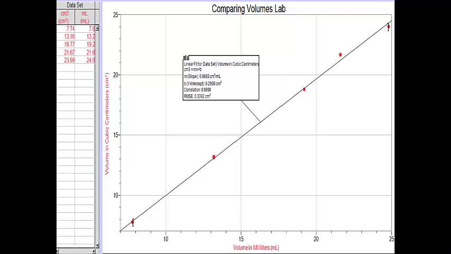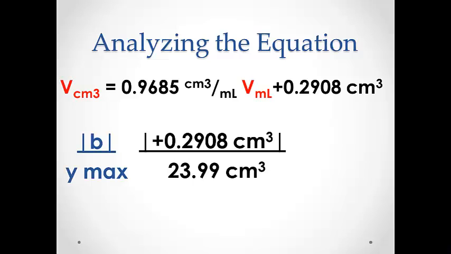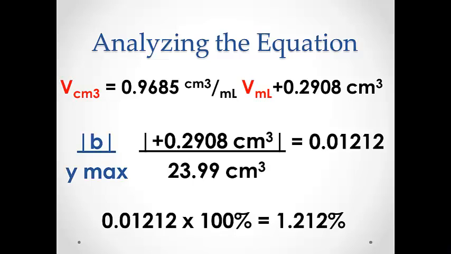We graphed cubic centimeters on the y-axis, and the highest value that we measured was 23.99 cubic centimeters. Dividing the y-intercept by the y-maximum gives us a value of 0.01212, which converted to a percent gives us 1.212%. This is below our acceptable error of 5%, so we can ignore our y-intercept for this data.